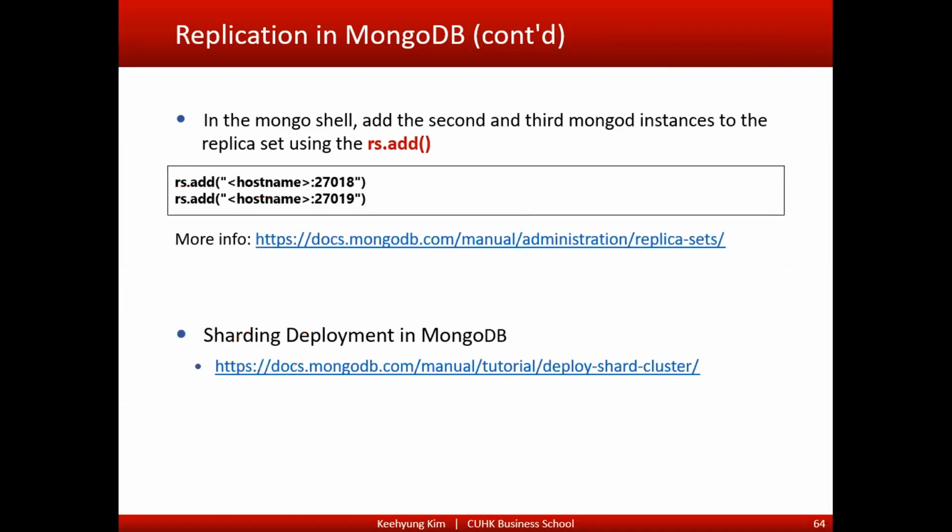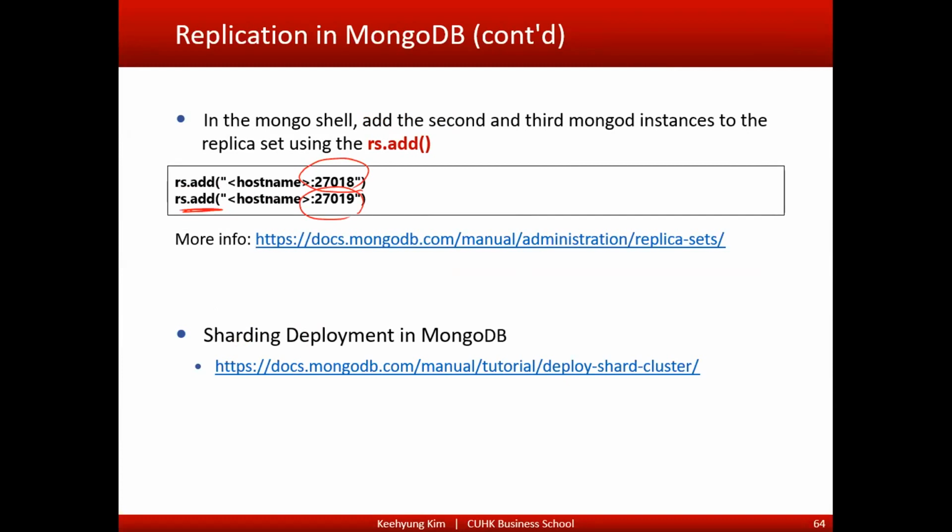And then if you use the rs.add function, and you add 27018 and 27019, these two servers with two different port numbers will be secondary data sets. So the data set on the first server, which is the primary data set, will be copied into these two servers.